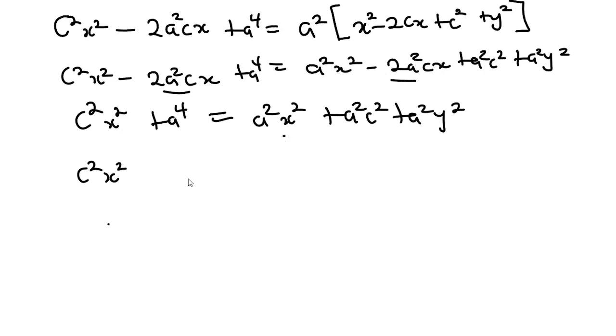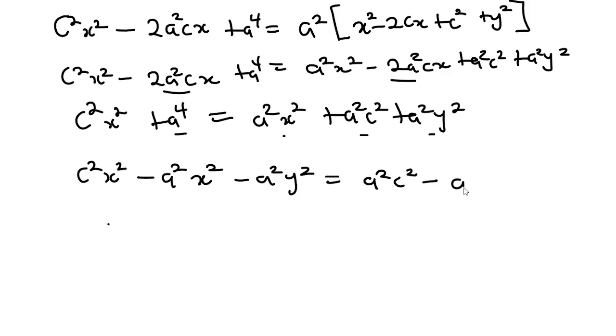Can bring this side here. So we have minus a squared x squared. Let's add this one. So now we have minus a squared y squared being equal to, now this is left with only this. So we are left with a squared c squared. Then bringing this one to the other side, we have a exponent 4 here.